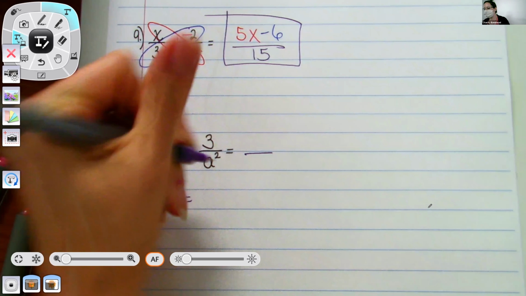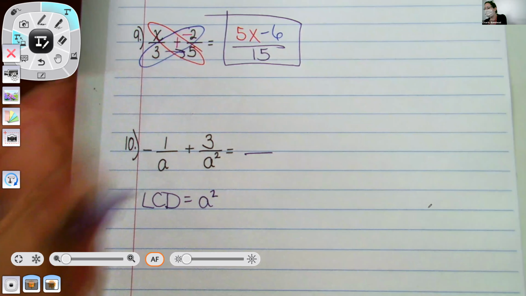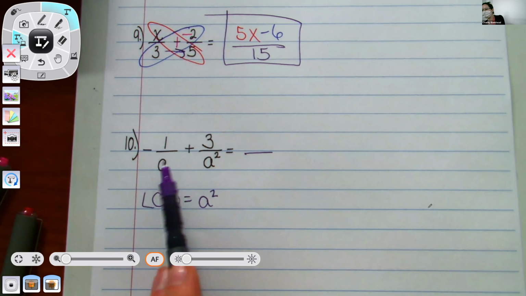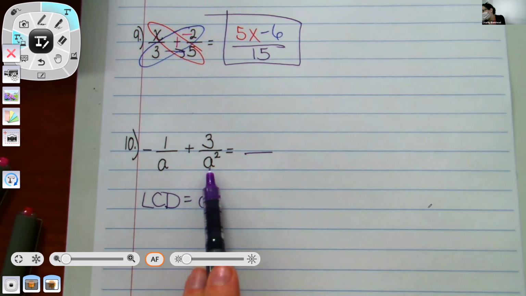So your LCD is what both of these denominators will go into. It's the least amount that both of those denominators will go into. So if one of your denominators will go into the other one, then that's your LCD.